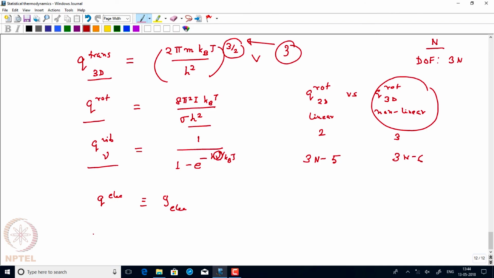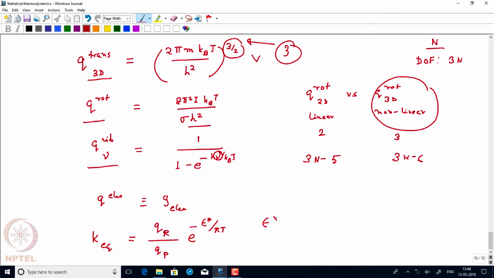And finally, we also talked a little bit about an expression for the equilibrium constant, where the equilibrium constant can be expressed as the partition function of the products divided by the partition function of the reactants, times exponential minus E star by RT, where E star is the difference.